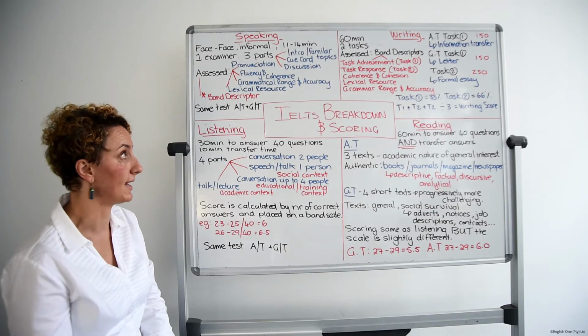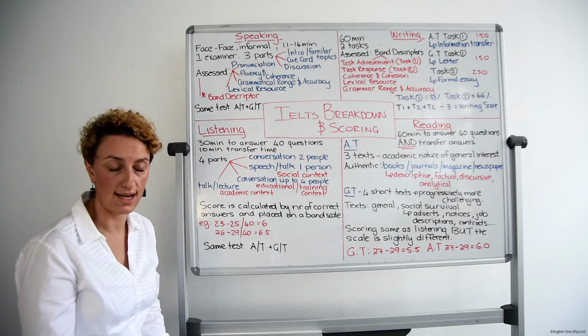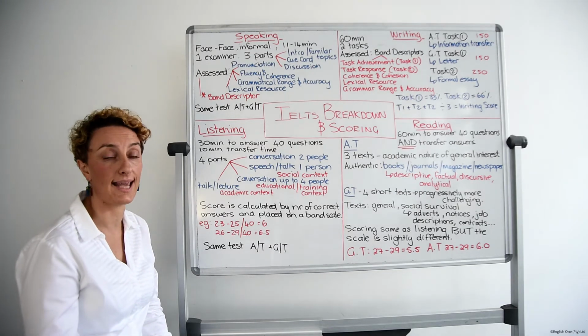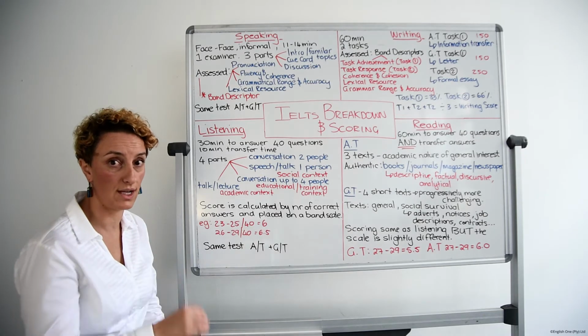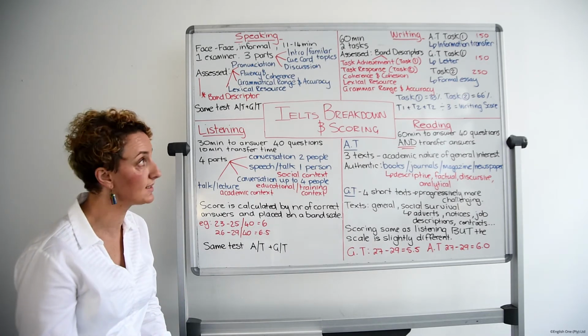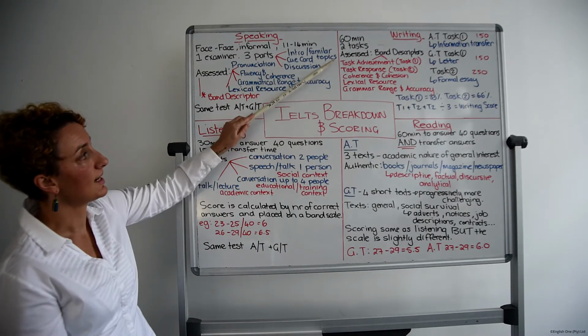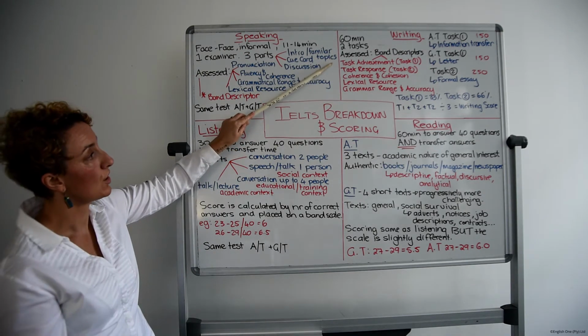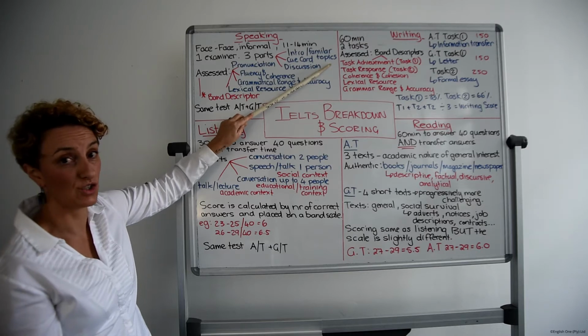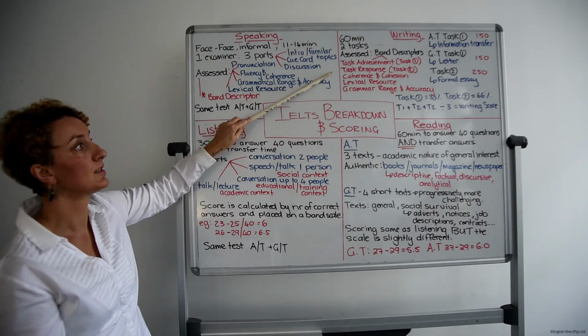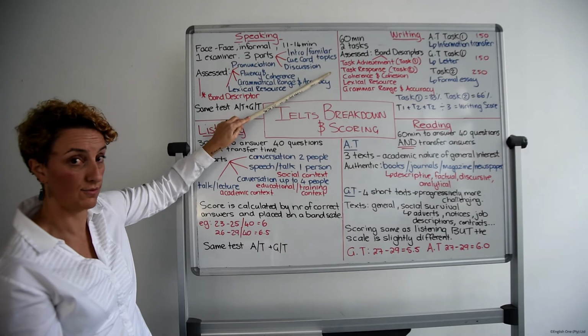The test for task 2 is exactly the same for the academic and the general test, and it is a formal essay. So how are you assessed? You are assessed against 2 specific writing band descriptors, and the criteria are 4. For task 1, it's task achievement, and for task 2, task response. That's the first criteria.